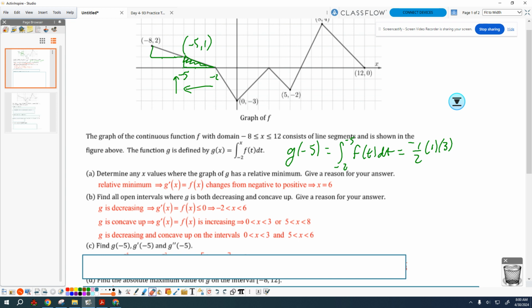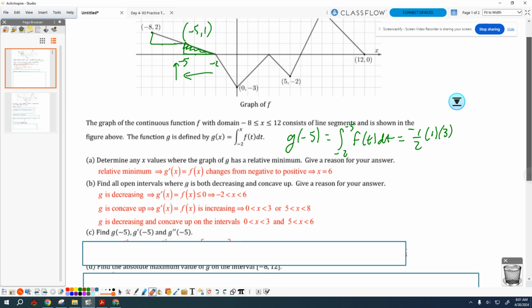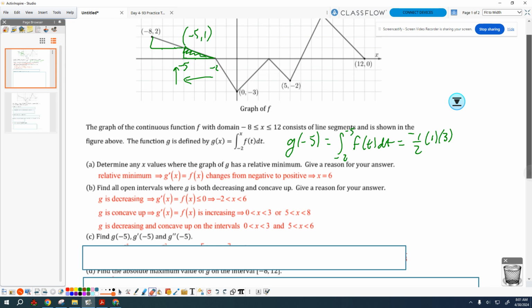The endpoint, that one would be a min and the right hand one would be a max. So I don't know.